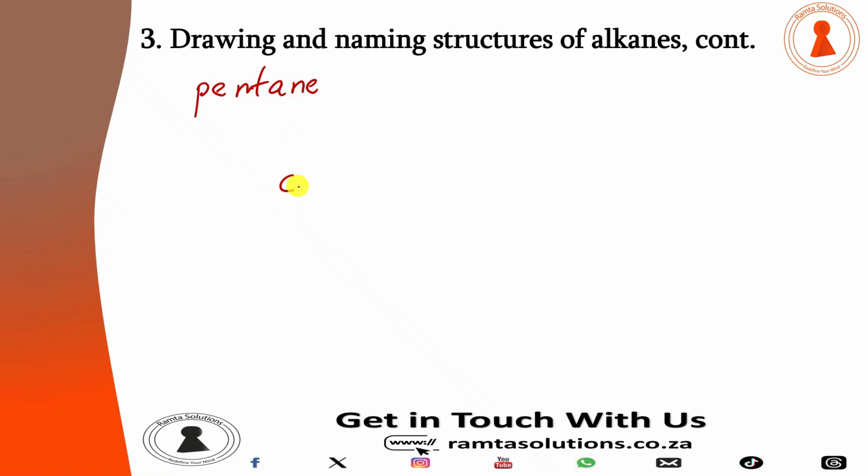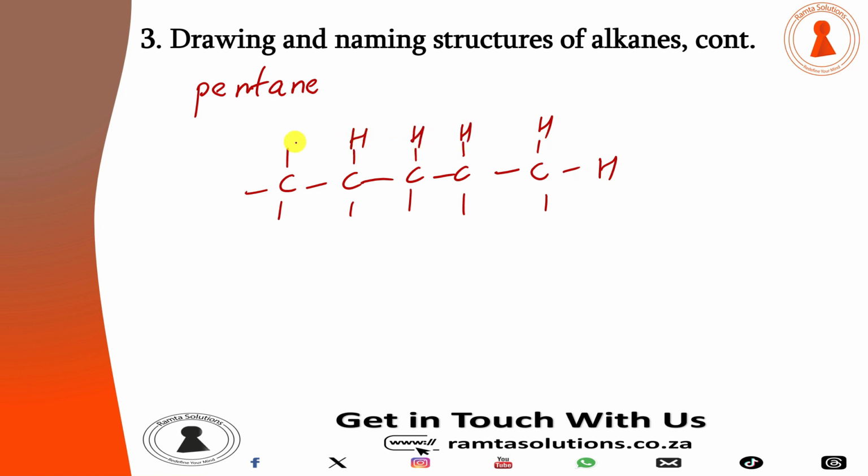So we need to draw 5. We said it's pentane, so it's single bonds in between. Hydrogen. I know it's tiring, guys, to be writing so many H's. Now, this is pentane.